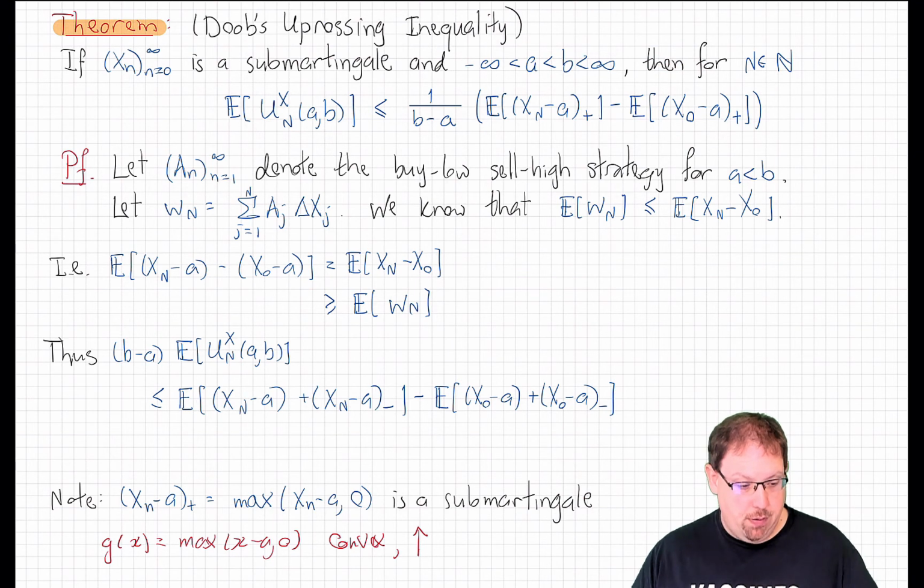So let's prove the Doob upcrossing inequality right now. It actually follows very easily from that estimate we gave for the amount of profit produced using the buy low, sell high strategy.